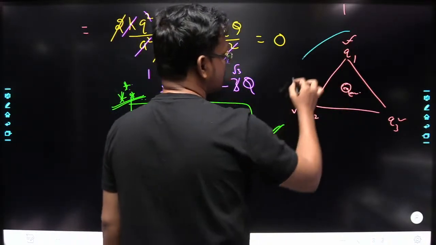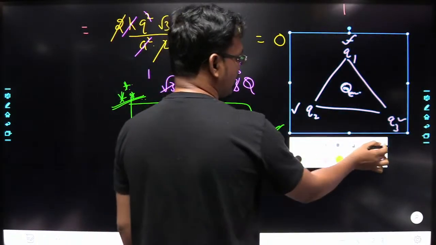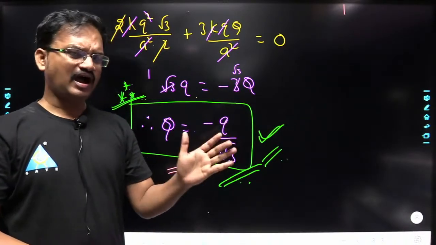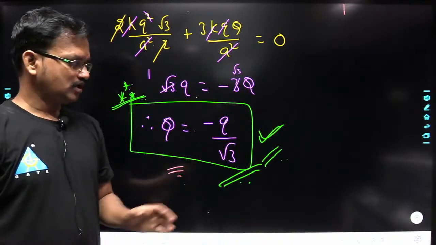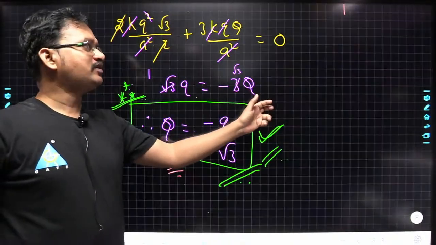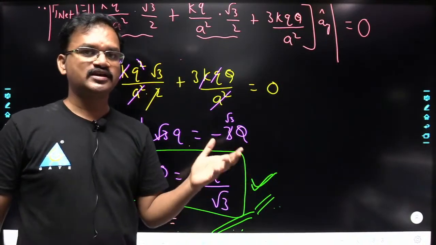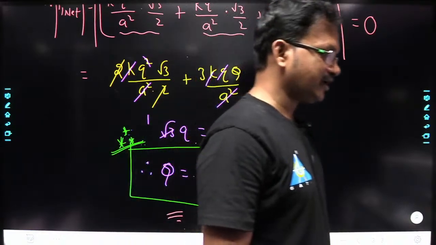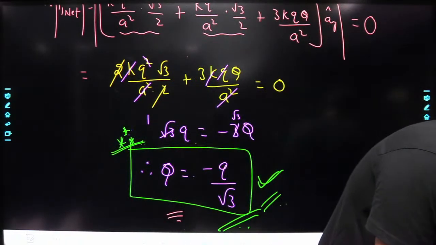They will give standard problems that have symmetry like this. Understood? An equilateral triangle where all the point charges are identical. Whatever problem they give is going to maintain some symmetry, and only then can the problem be easily solved. I hope it is crystal clear. Yes, Parameshwar, is it clear?